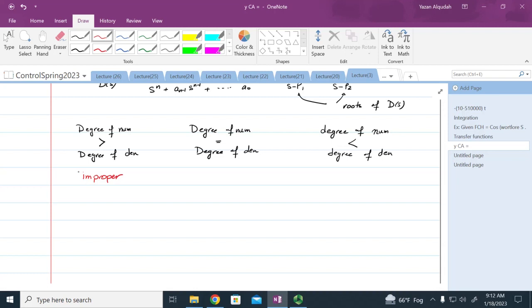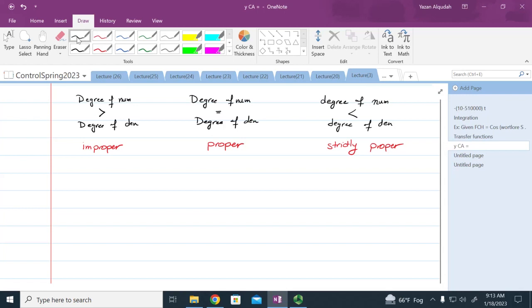Proper. What do we call when the degree of the numerator is less than the denominator? Strictly proper. Good? So we can have any of these cases.